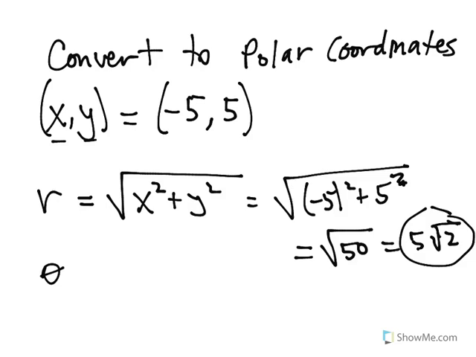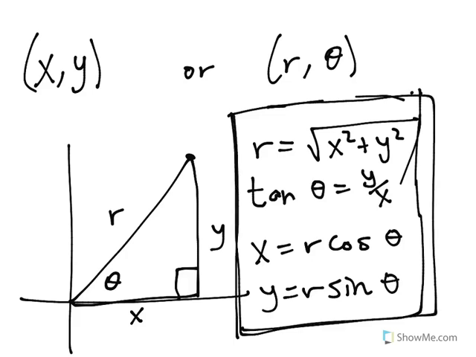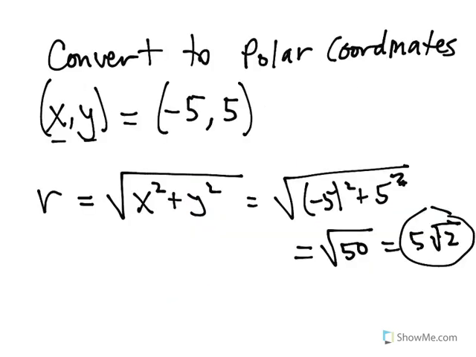Now the question is, what about theta? This is where I see a lot of common mistakes. What we saw in the formulas earlier said that you might want to use the one that says the tangent of theta is equal to y over x for the other formula. That might be a good formula for you to use.